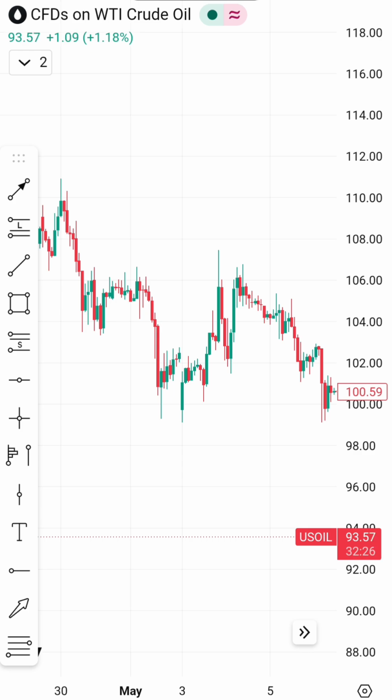Most people who come to Forex have refused to just get this basic. If you cannot understand how to mark your structure, how to know where is your break of structure, where is your higher high, where is your lower low, my dear, you're done.